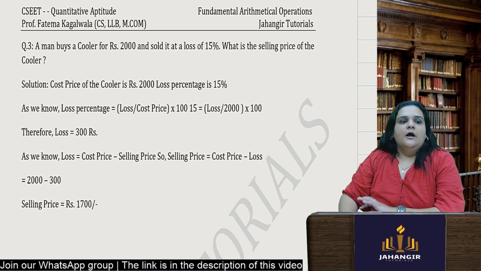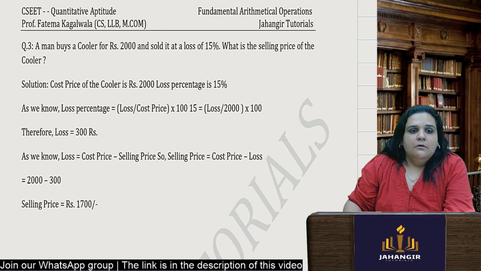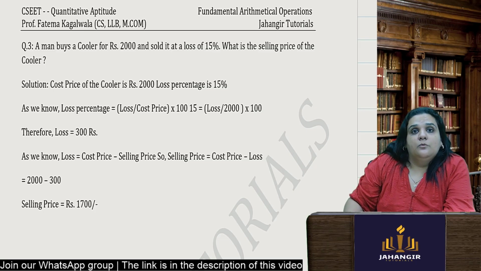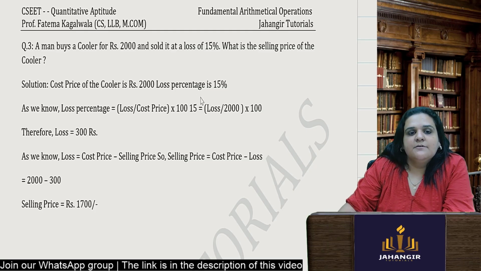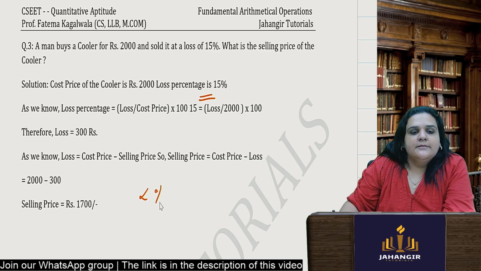Next question. A man buys a cooler for rupees 2000 and then sold it at a loss of 15%. What is the selling price of the cooler? So first I'll have to find the loss amount. Loss percentage is given. Loss percentage is nothing but loss upon the cost price into 100.